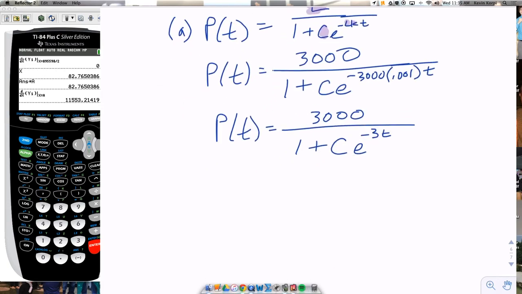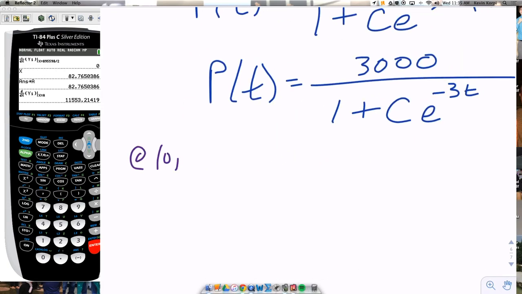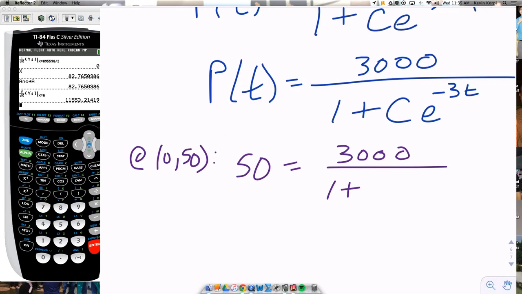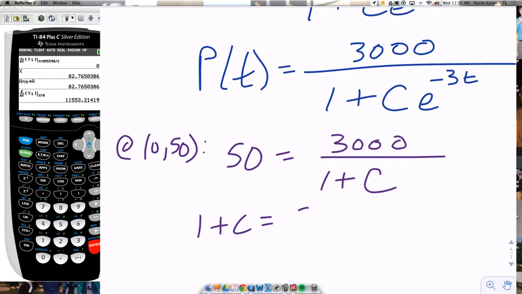So at 0, 50, we get 50 equals 3,000 over 1 plus C e to the 0. What's e to the 0? 1. So I have that equation to solve. To solve that for C, I'm going to multiply both sides by 1 plus C, while I divide both sides by 50. In other words, the 1 plus C and the 50 will trade places. Kind of like a double factor swap.